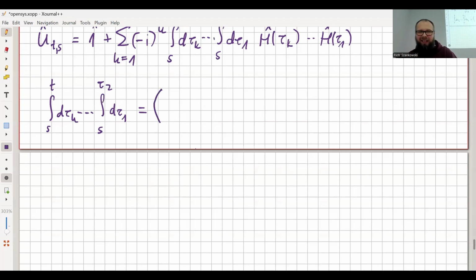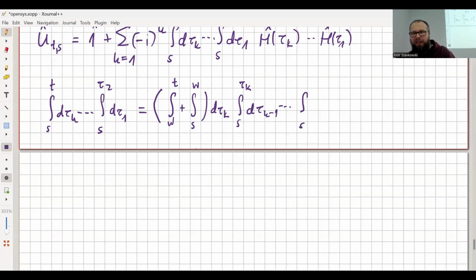What I mean by bisecting, I just write it like this, from tau k minus 1, S, tau 2, tau 1.